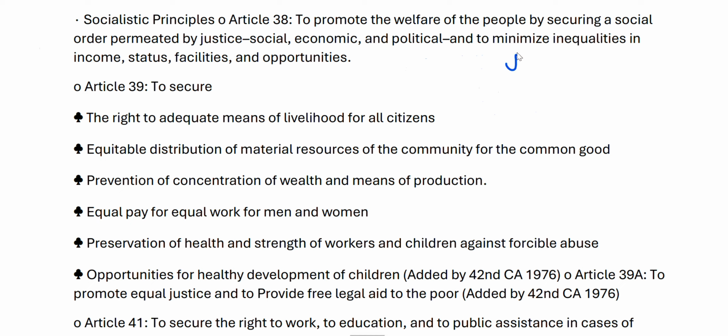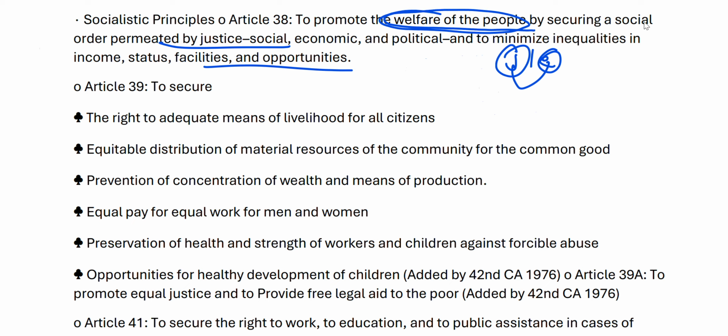In the Preamble we have justice, liberty, and equality, and justice and equality are mentioned in Article 38.